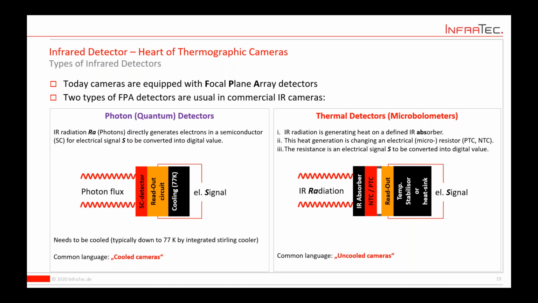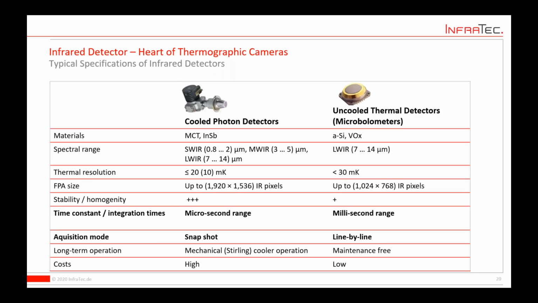So this is important to understand, but more important is to have an idea about the outcome of these different technologies. On the left-hand side, you have these cooled camera detectors, and they are available in different wavelengths: in the short wave, in the mid wave, and then the long wave, of course.